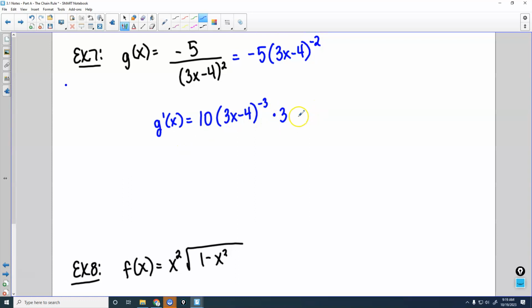And so that would be 30 times 3x minus 4 to the negative 3, which a lot of times they'll send that back down to the denominator, 3x minus 4 to the third power. It's a lot easier to do this one this way than to use quotient rule. Quotient rule is going to require a lot of simplification.